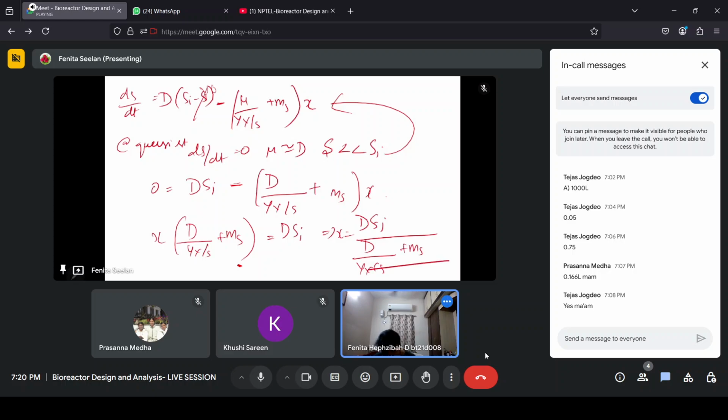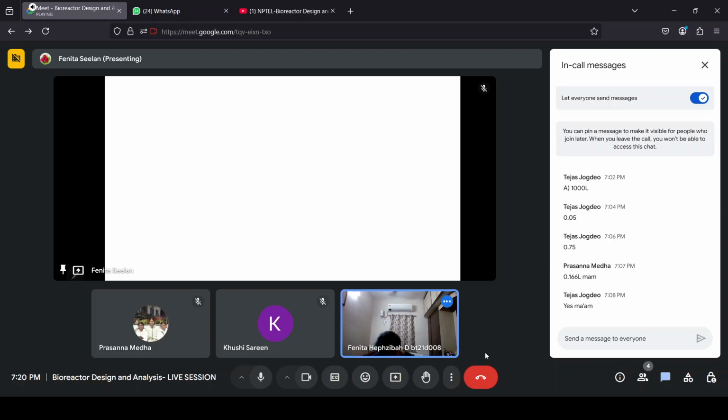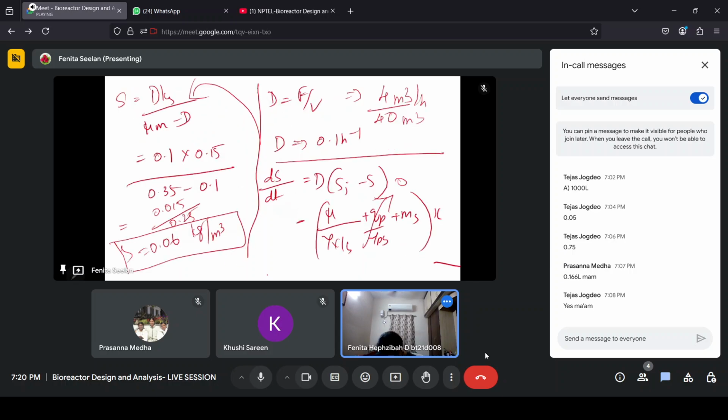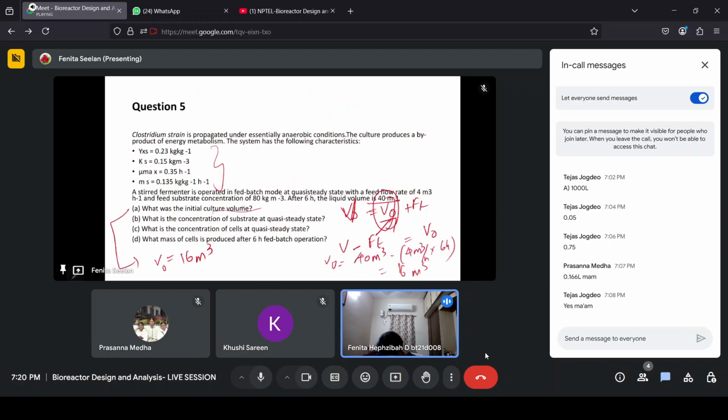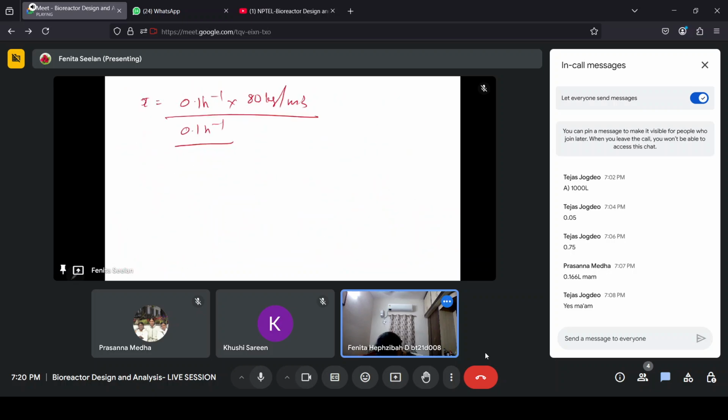Now substitute the necessary things. X is equal to 0.1 is your D, per hour, and Si is 80 kg per m³. D is again 0.1 per hour divided by Y, how much is it? It is given as 0.23 kg per kg, and the maintenance is 0.135 kg per kg hour.